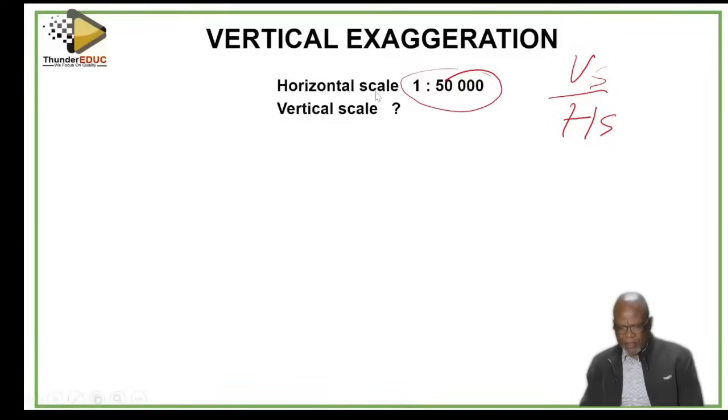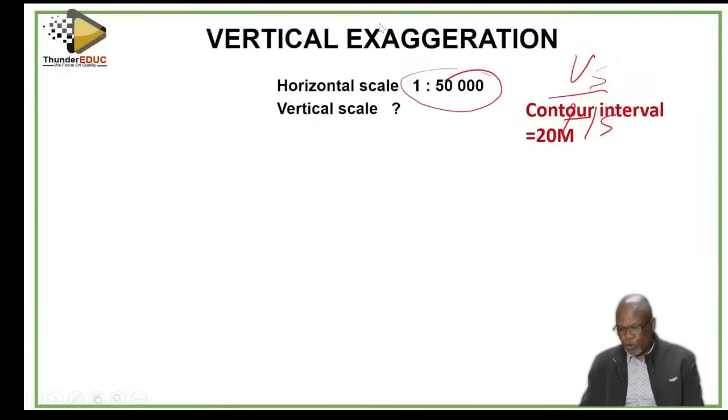But your vertical scale is not given; you work it out. How? You look at your contour interval. Remember, your contour interval is always in meters, because height on the map is shown in meters.